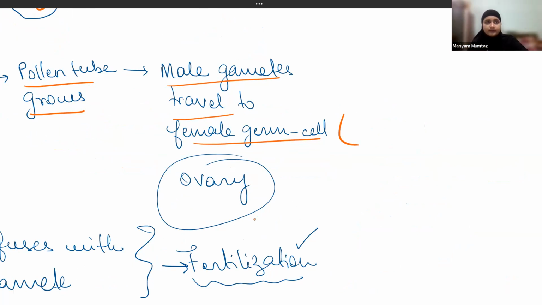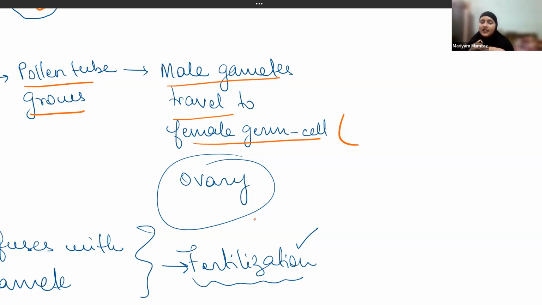Style. Where will the male gamete fuse? With what? Ovule. Ovary. Female reproductive system. No, not ovary, not ovule. Egg. Zygote is formed later on.